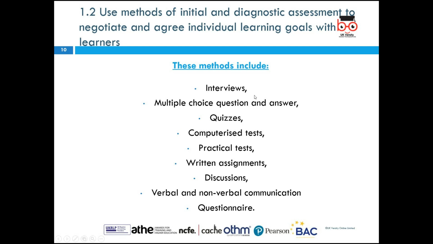Now, in regards to your learners, these can always be adapted to suit your learners. They don't have to be stuck in one particular choice. If you're doing a quiz, you could do it in a very simple, basic form where you just ask them a couple of simplified questions if they're quite young.